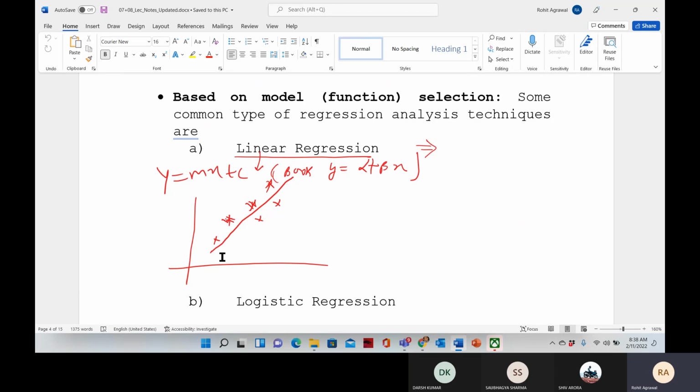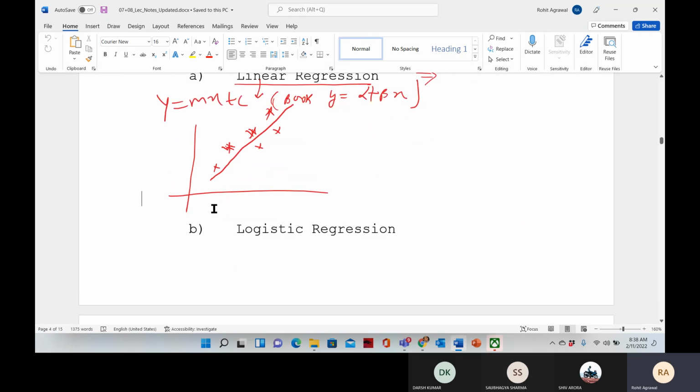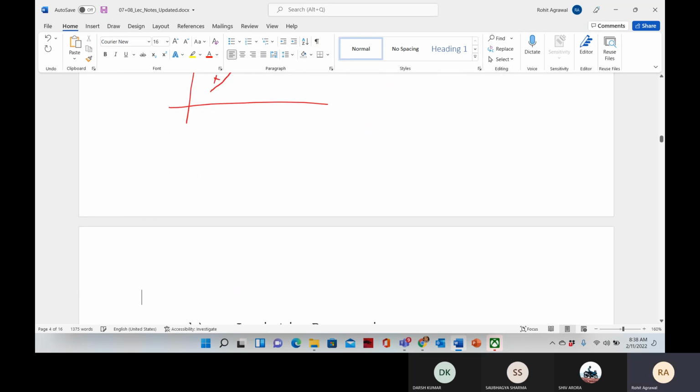If we are having three features, I can write here y equals a1x1 plus a2x2 plus and so on up to anxn plus b. These are the features: one feature, two features, three features, and so on.